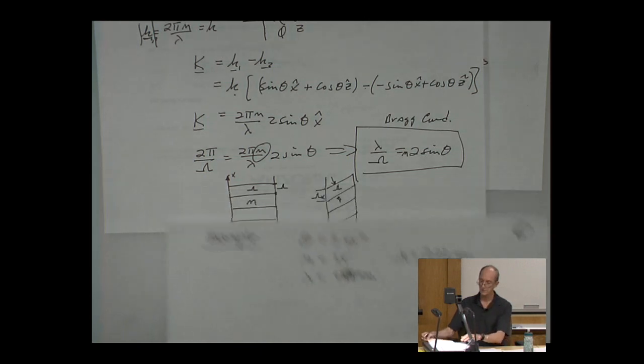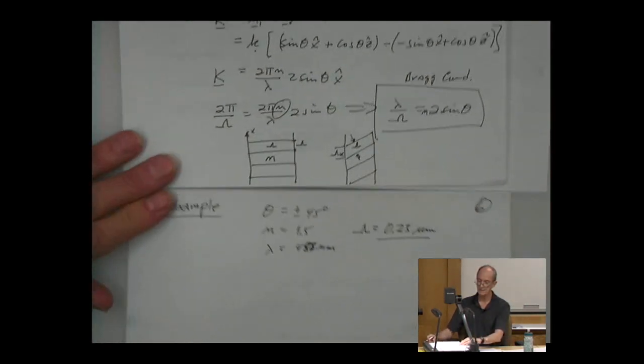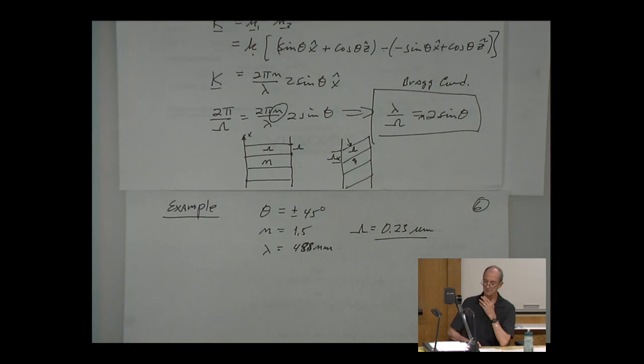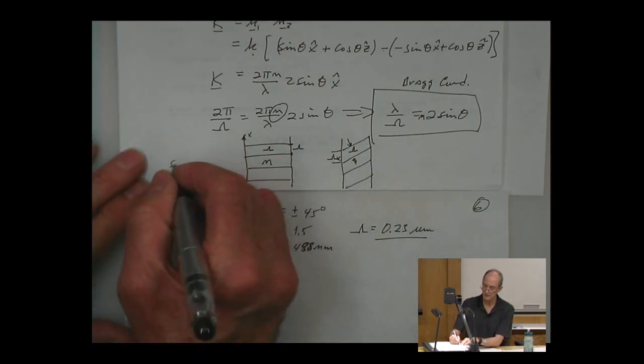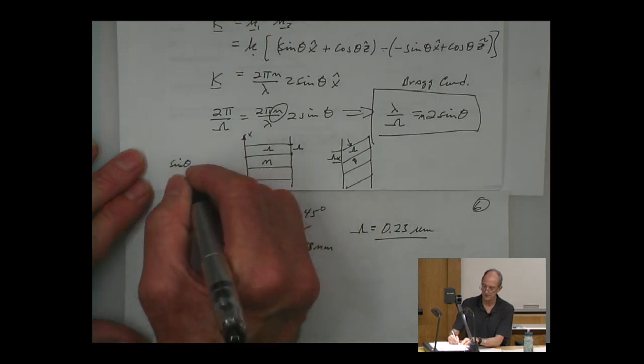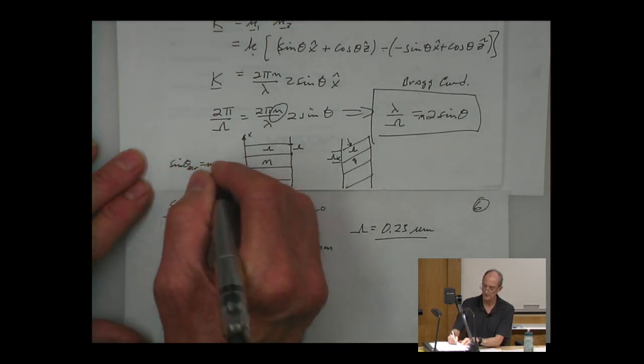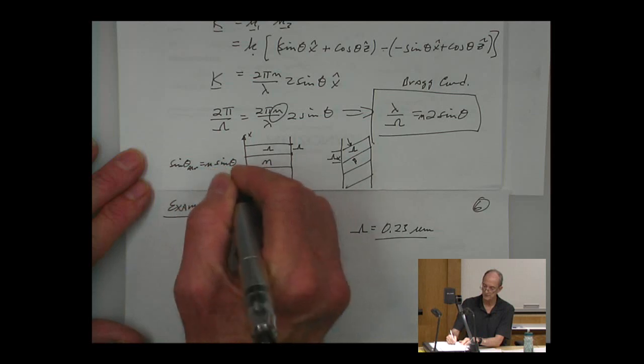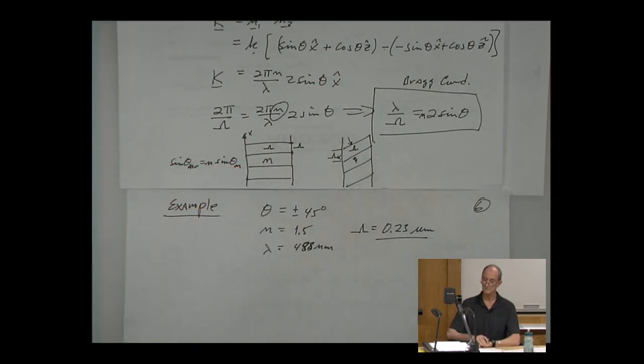Now, if we look at this unslanted grating case, though, if you think of Snell's law, you have sine theta air equals n sine theta in the medium, right?